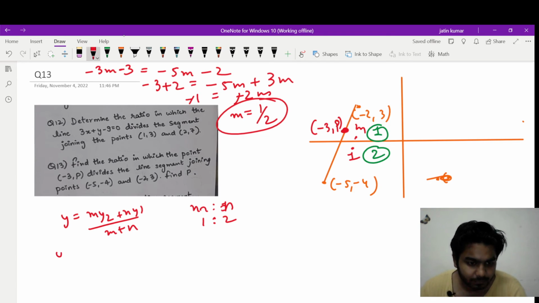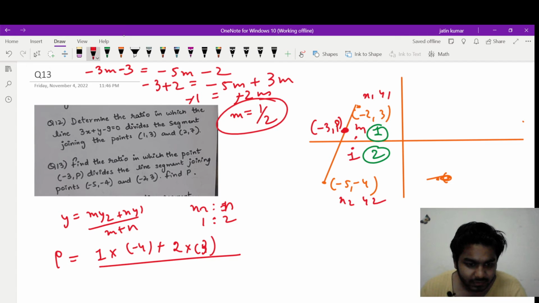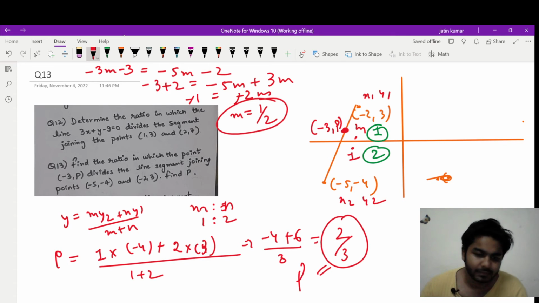So y is p only, so p is 1 into y2, which is minus 4, plus 2 into y1, which is 3, upon 1 plus 2. So it will be minus 4 plus 6 upon 3. So the value of p we have got is 2/3, right?